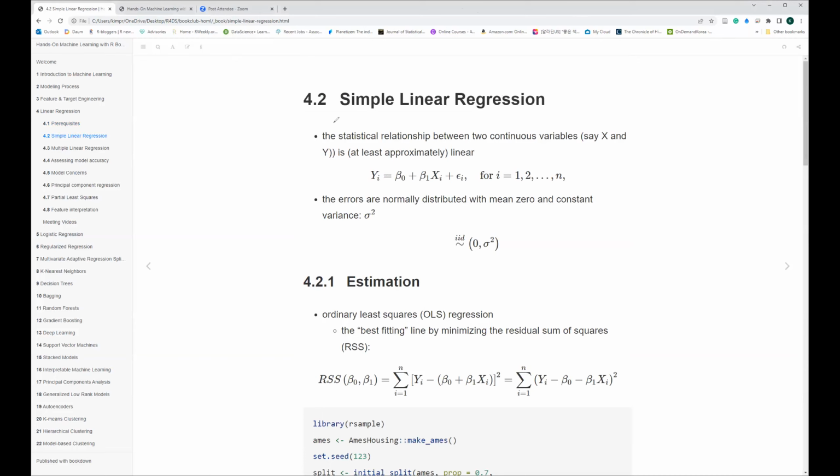So simple linear regression is just a statistical relationship between two continuous variables. So if we have an x variable like this, and then there is a y variable as an outcome, and maybe there is x1, x2 and xi, and also y1, y2, yi.